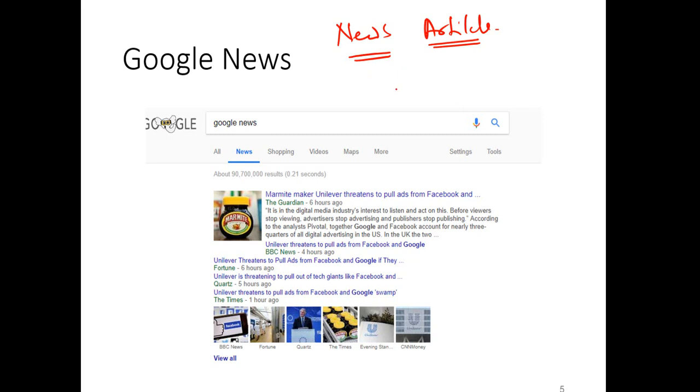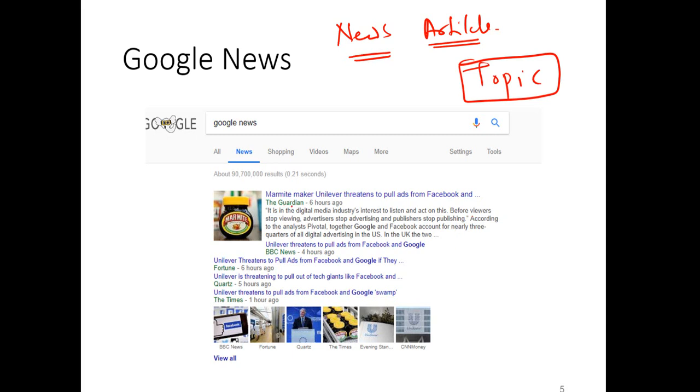That means the titles could be different for a particular article in different newspapers. Now what Google does is it scans through the entire web page for each news article and finds out the similar articles. Now it can't find out what exactly is the topic involved, so it doesn't know what the topic is, but all it knows is that these articles are similar.